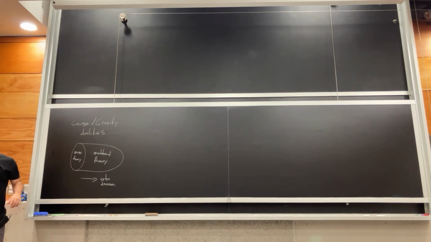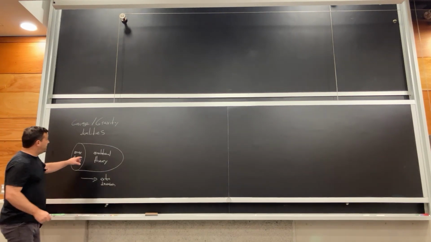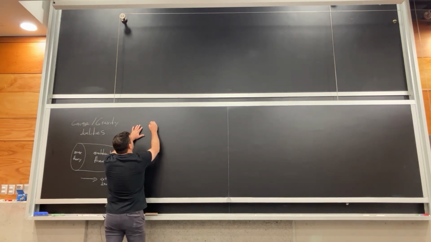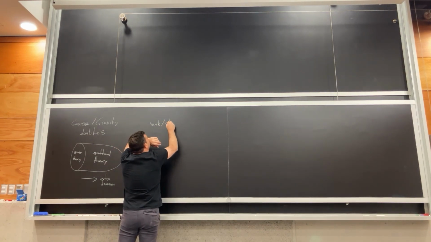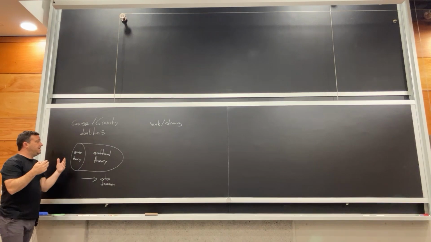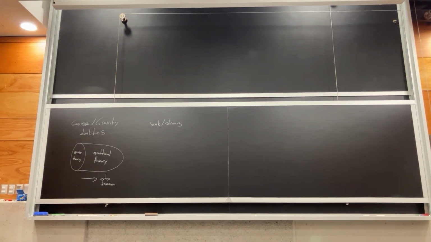So that's the first property. And the other important point is that the duality is what we call weak-strong. That means that when one theory is strongly coupled, the other theory is weakly coupled.